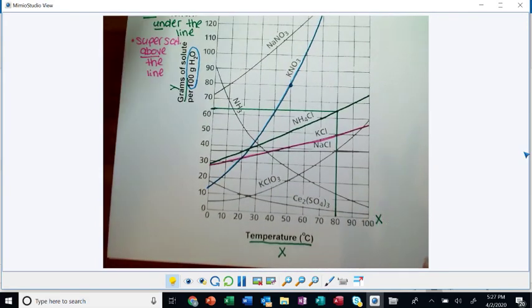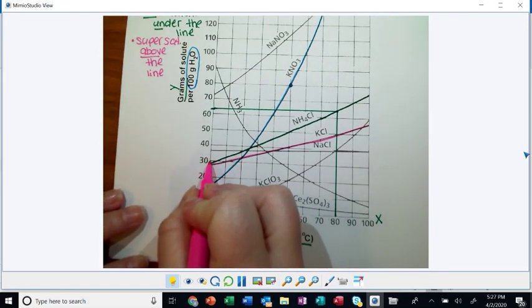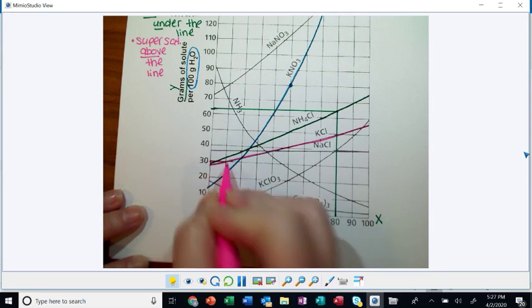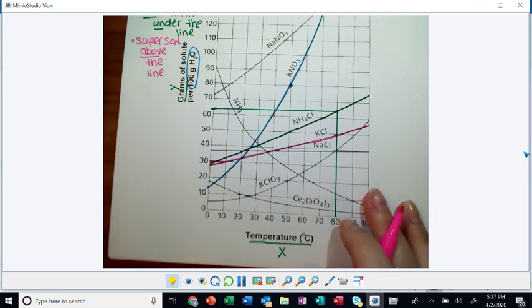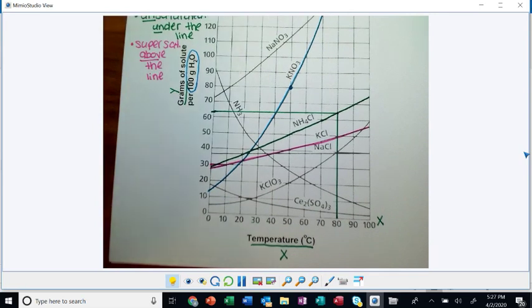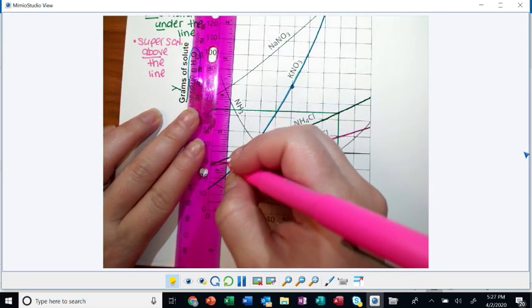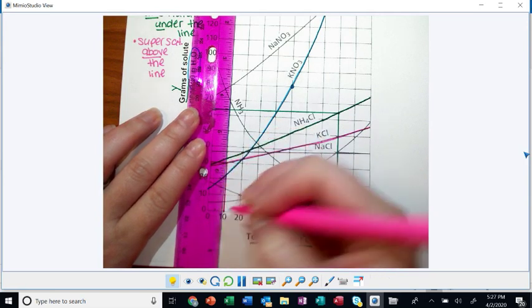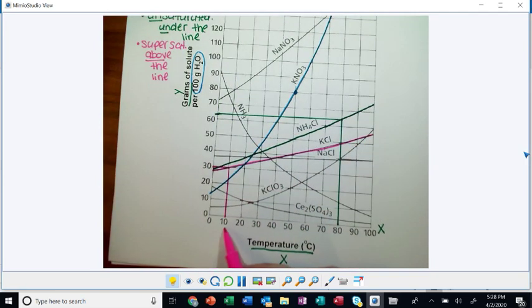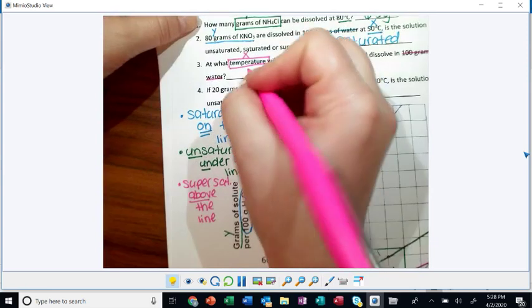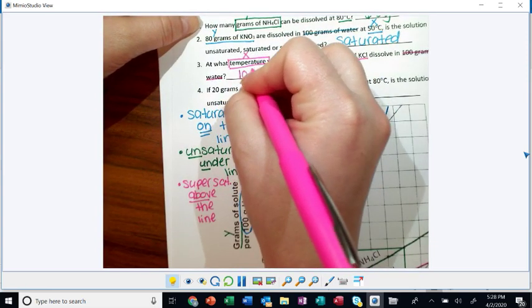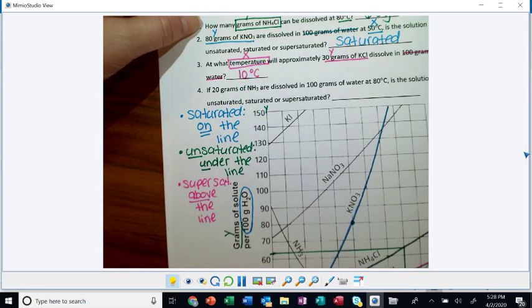So 30 grams is right here. Let's go over until we touch the line, which is right there. And now to find the temperature, or that X coordinate, we're going to draw our line straight down. And it hits the X axis at 10. So it would be 10 degrees Celsius.